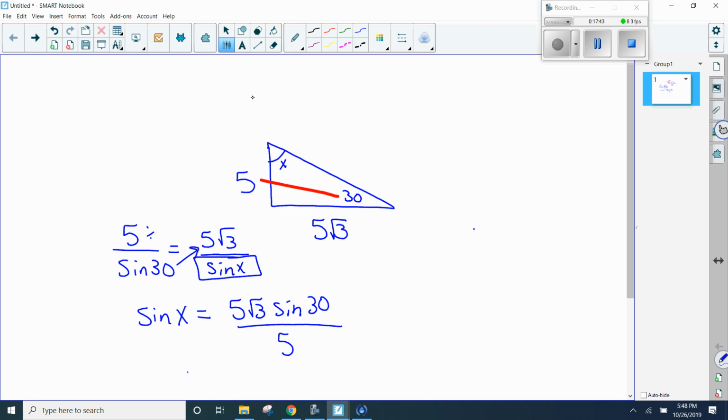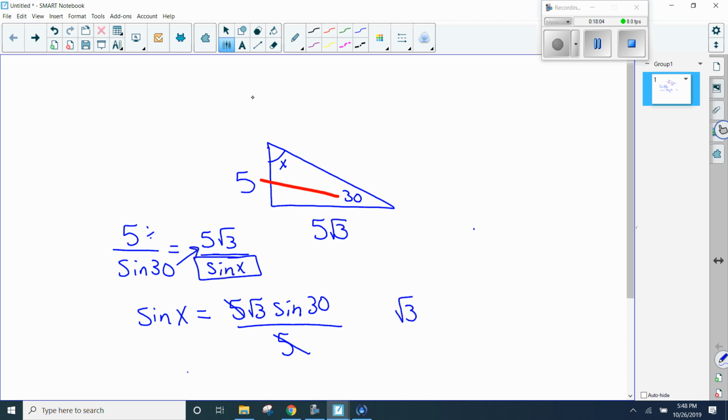If you look at that, we know that these are going to cancel. So we could work with that if you wanted to. You talk about what the sine of 30 degrees is. That's going to have a value of 1/2. So then you're left with radical 3.